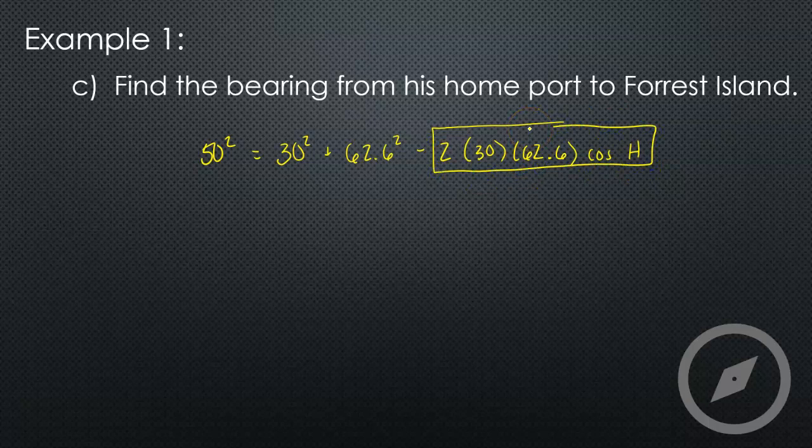So what I'm going to do is subtract 30 squared and 62.6 squared from both sides. I'm going to do that piece first, and then that's going to equal, and then I'll multiply these together.